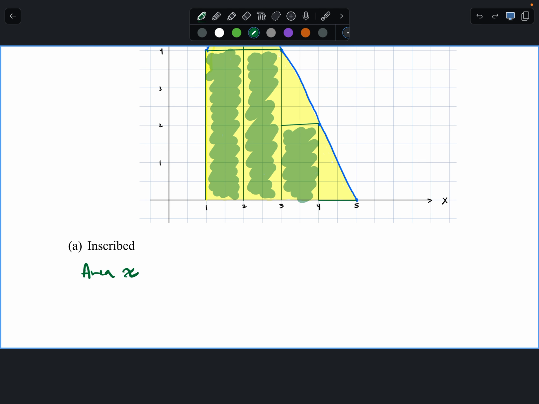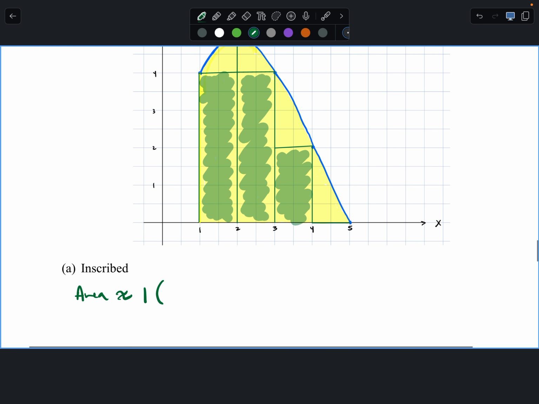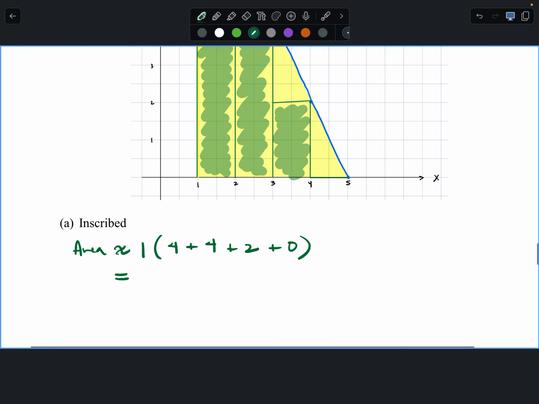The width of each rectangle is going to be 1. So the first function value we can see is 4 for the height of that first rectangle, then 4 again, then 2, and then 0. So the approximation for the area would be 10, which we know is an under approximation, right? Yes.